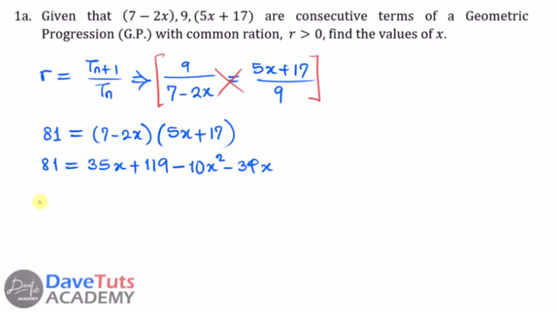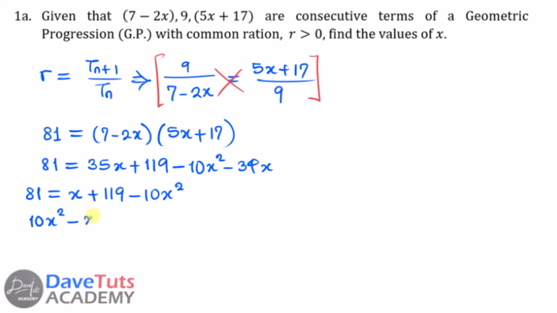So we still have it as 81 is equal to 35x minus 34x, that will give us x. Then we have plus 119, and we have minus 10x squared. Let's just rearrange to put everything on a single side, so I can bring this and subtract it from both sides, so that I have 10x squared.